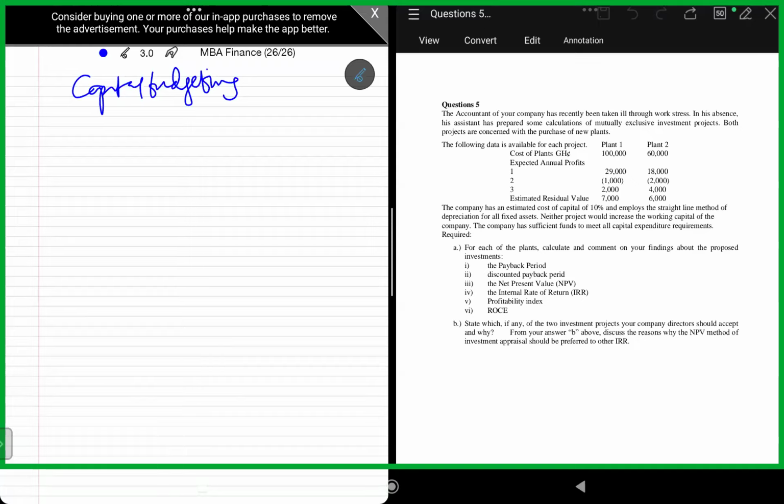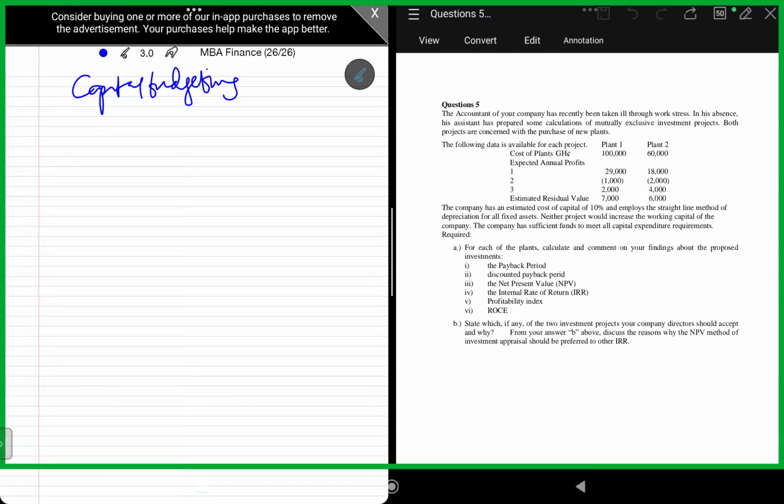So it borders on decision making about where to invest its money. There could be two or three alternative courses of action, and capital budgeting tools will be used to analyze which the business should invest in based on returns. Are we okay?